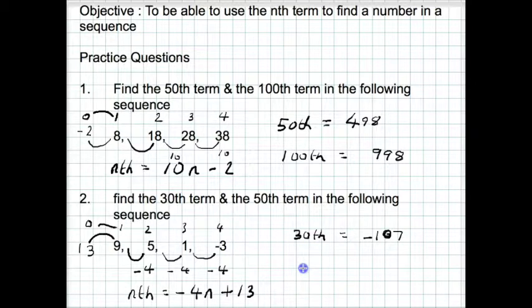And the second one, the 50th term. So let's work out the 50th term for this one. Replace n with 50. So minus 4 times 50 is minus 200. Add 13 takes me to minus 187.